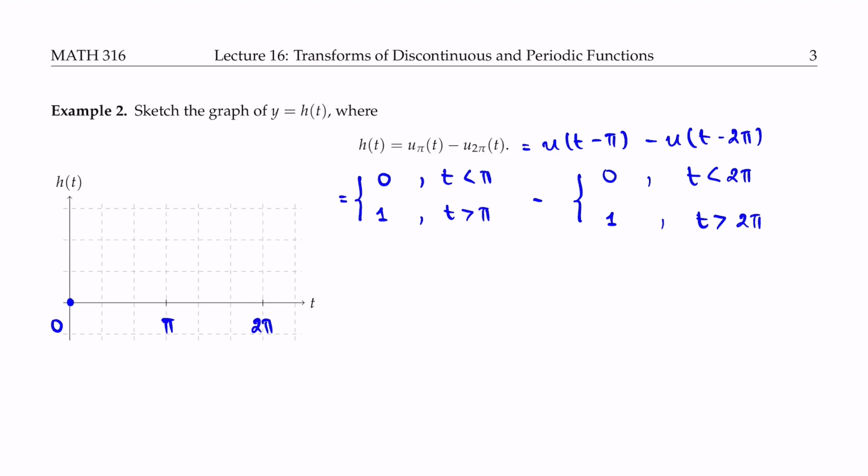So you have three different intervals: t less than pi, the interval from pi to 2 pi, and t greater than 2 pi.